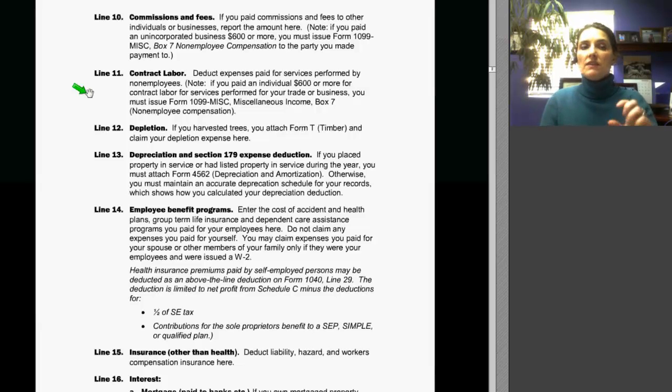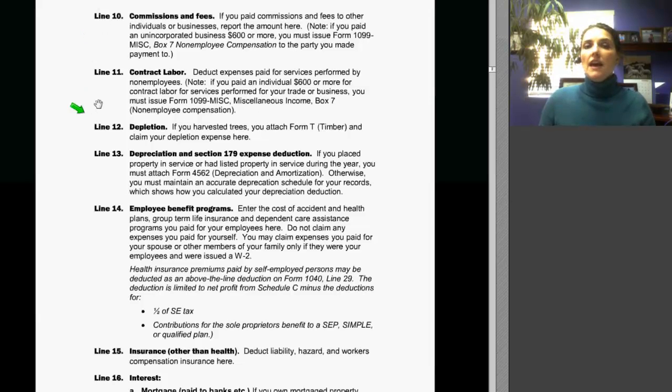So IRS wants to be able to see that if you enter an expense on Line 10 or Line 11, that the people who you paid money to are filing tax returns and reporting that as income. And so we're really going to be seeing a movement on the part of the IRS towards increased compliance. Now, you are only required to issue a 1099 Miscellaneous to someone whom you paid more than $600 to during the year.